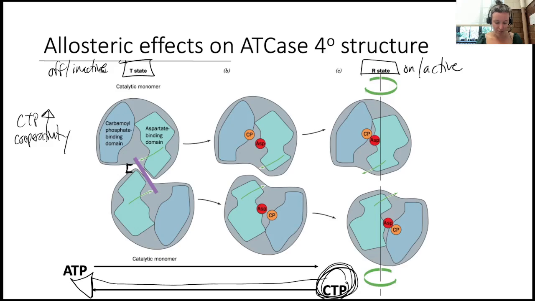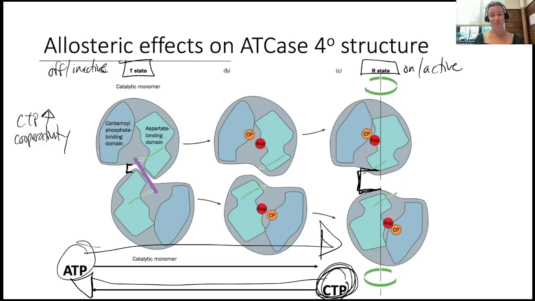Let's compare that to ATP. Now, if ATP binds, we are pushing to the R state, which is the active state. However, there's going to be less cooperativity in the active site, because look how far away the subunits are now. So this is an interesting example of cooperativity because we're actually seeing more cooperativity by an inhibitor, which is confusing, but it all comes down to what are the interactions between the subunits.